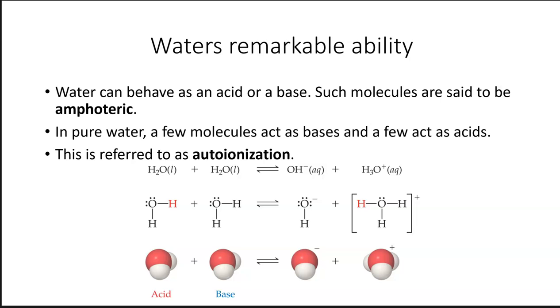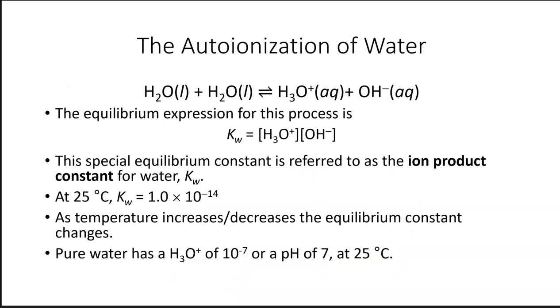So when we talk about equilibrium as it pertains to water and our pH scale here, we write an equilibrium expression where we say two water molecules, which are reactants, produce hydronium and hydroxide. And when we write our equilibrium expression, we say the equilibrium constant, or Kw in this case, referring to the water autoionization reaction, is equal to hydronium times hydroxide.